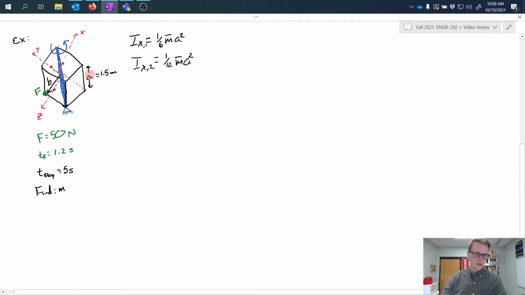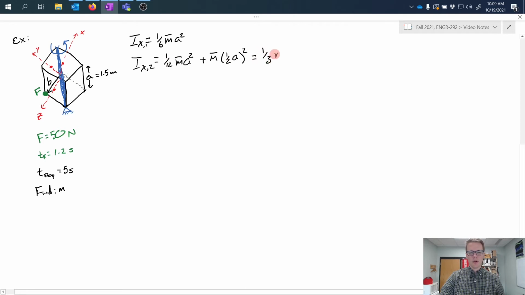Our side length here is a, so now I need to add on a parallel axis theorem term, which is m̄ times the distance, 1/2 a, squared. So I have 1/12 m̄a squared and 1/4 a squared m̄. If I add these two together, 1/12 plus 1/4 is 1/3.